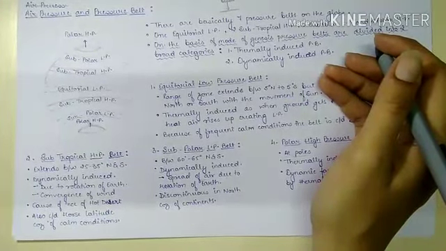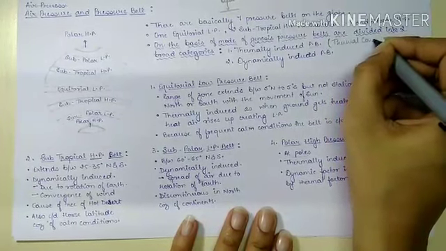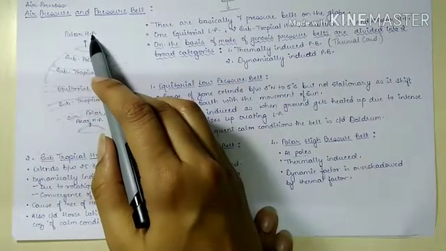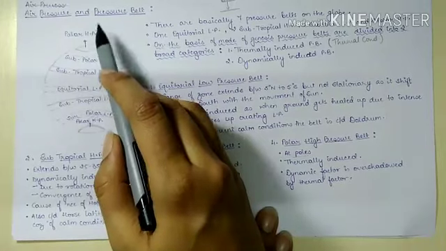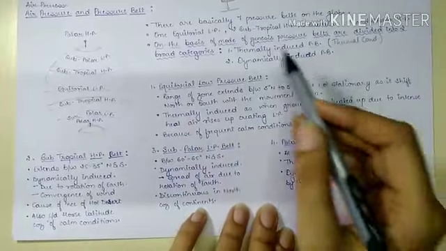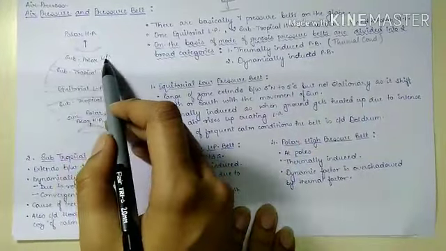So what does thermally induced pressure belt mean? Thermally induced pressure belt means the ones which are formed due to thermal conditions, that is temperature. High pressure belt means there is low temperature, and low pressure belt means there is high temperature. While dynamically induced pressure belt means, see, in a subpolar low pressure belt we can easily see that there is low pressure, but in this area we have low temperature too.